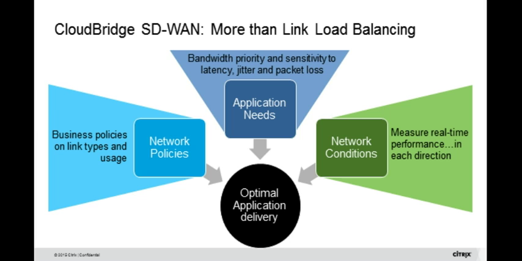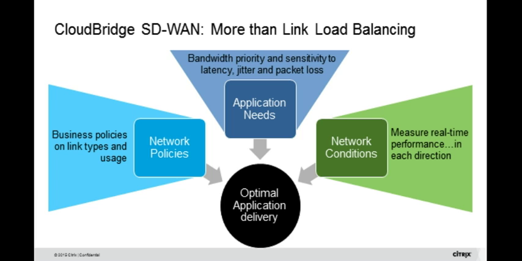And what I want to talk about on this slide is how the software-defined solution from CloudBridge is different from legacy link load balancing solutions. And there's three elements of that: application needs, network policies, and network conditions that the CloudBridge software-defined WAN solution considers.